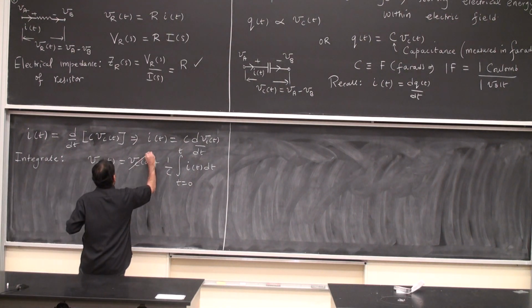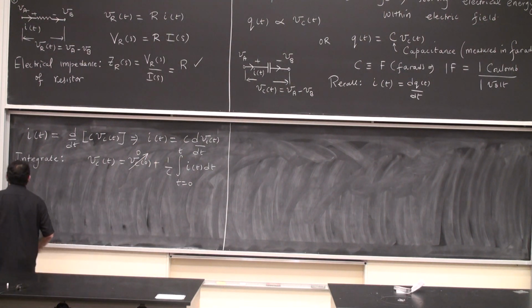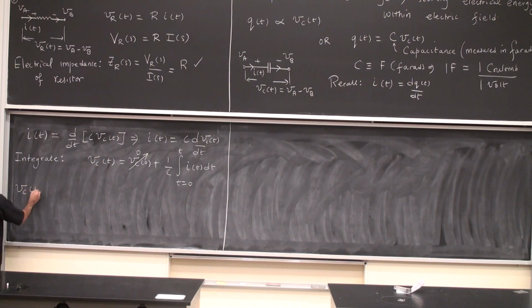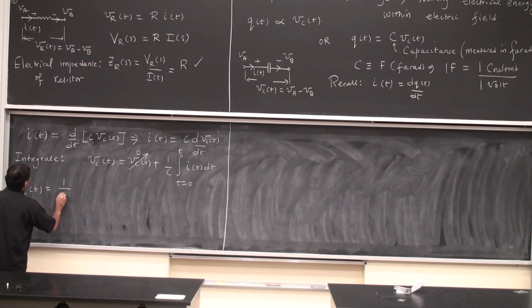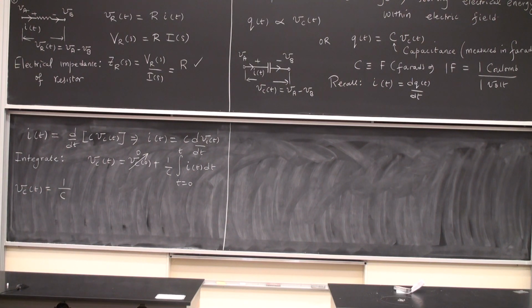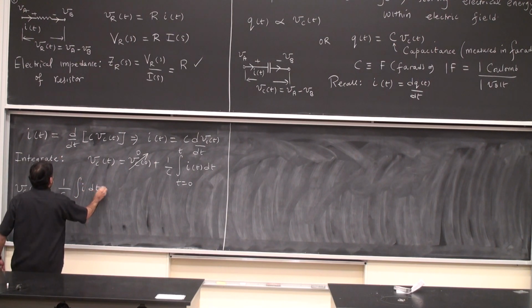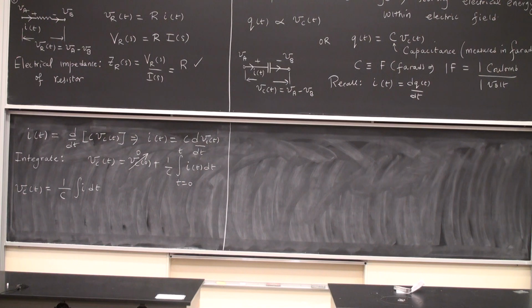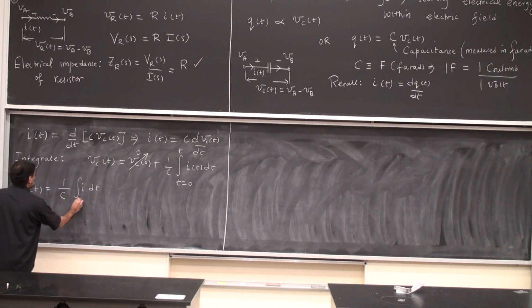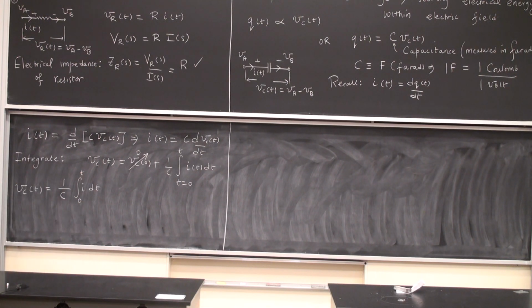So this is always 0 for us. And so we have Vc is 1 by C, where C is the capacitance, times integral I dt. It's a generic expression, going from 0 to t. Obviously I should have an integration dummy within, but I'm not going to do that.